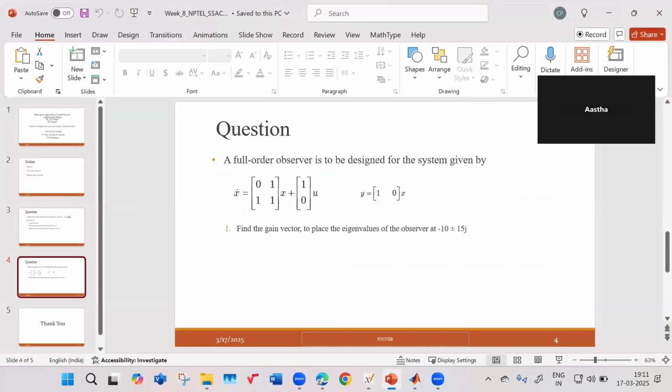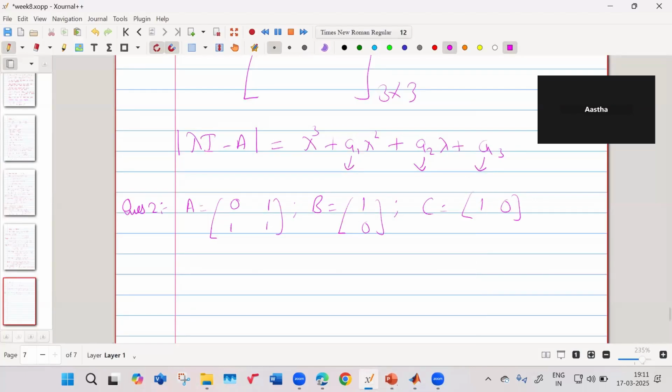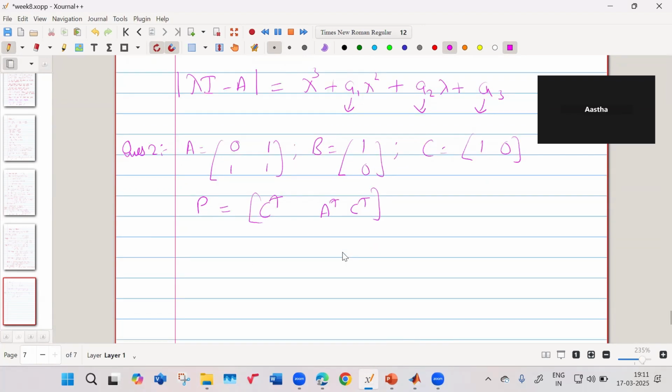So what do we have to find? We have to first find the P matrix. P matrix is what? C transpose, A transpose, C transpose. Okay, because it is only second order. So what is A transpose? We have to do A transpose into C transpose, that is equal to 0, 1, 1, 1 into C transpose means 1, 0. Okay, let us complete this.